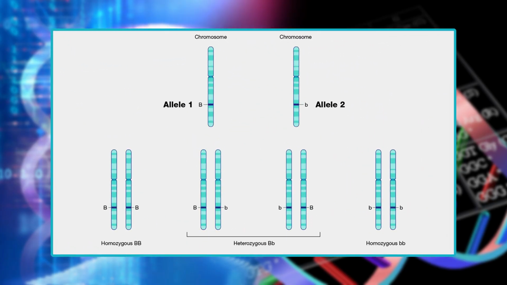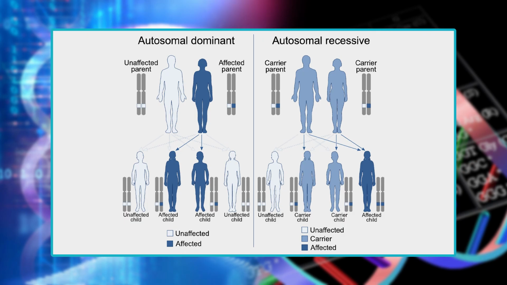So, the individual inheriting two identical alleles is termed homozygous at that locus, whereas if they possess two different alleles, then their genotype will be classed as heterozygous for that locus. Alleles of the same gene are either autosomal dominant or recessive. The subsequent combination of alleles that are possessed by the individual for a specific gene is their genotype.